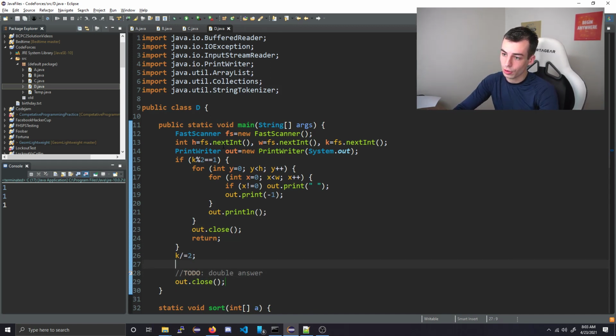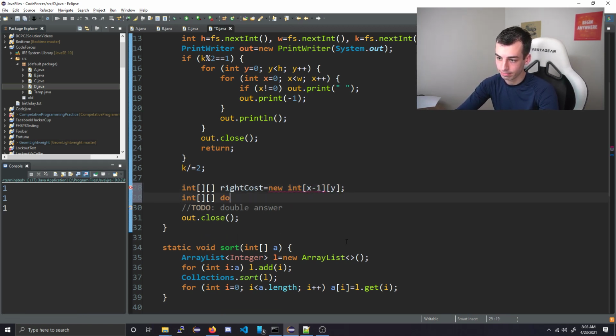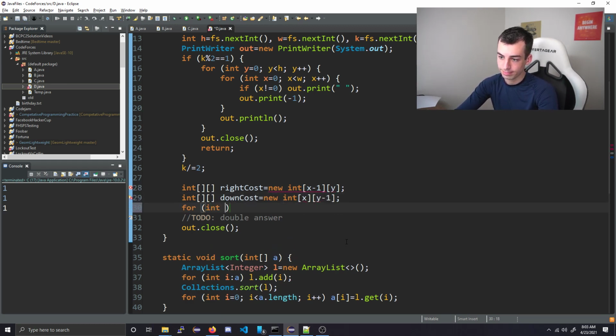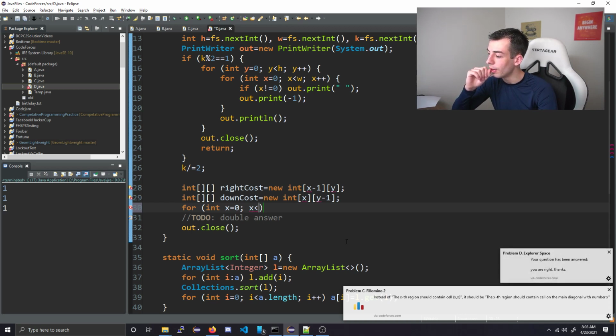Yeah, okay. Otherwise, we have these inputs which we have to read. So we have int array right cost equals new int array. So this is x minus 1 by y. The xth region should contain cell XX, should be the x region, should contain the cell on the main diagonal with number x.